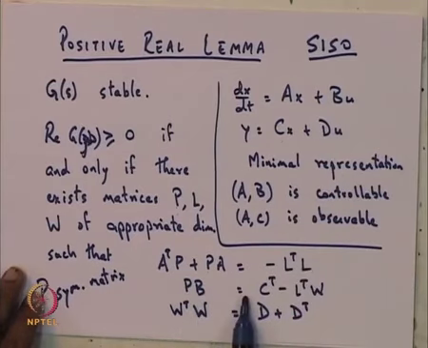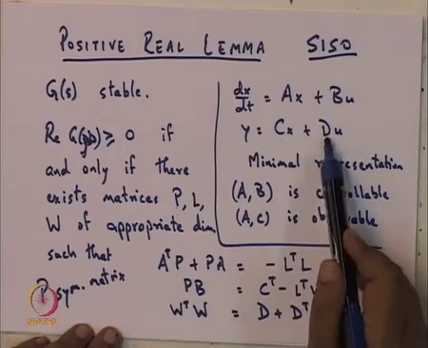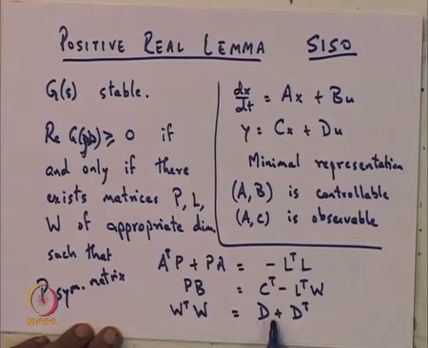It says P times B is equal to C transpose minus L transpose W, and this W is something that purely depends on D. So, if you take D plus D transpose, this is going to be a symmetric matrix, and that symmetric matrix is exactly the same as W transpose W.